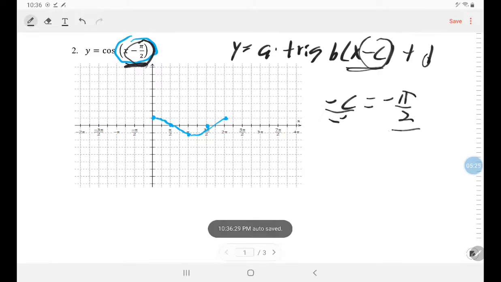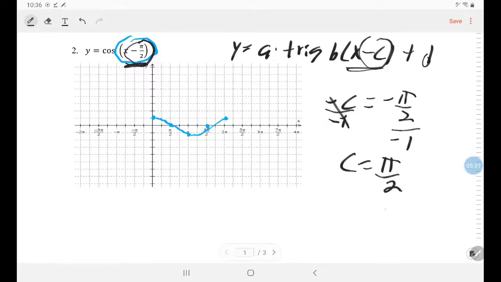If I divide by negative 1, C is a shift of a positive pi halves, which means I'm moving to the right. Or like we had talked about earlier when we were doing the parabolas, if this is minus, you go the opposite direction. But basically, I'm going to take each point and shift pi over 2 to the right.